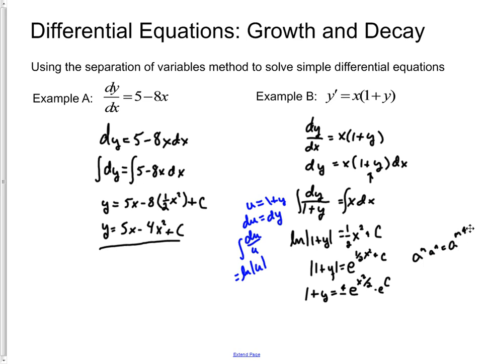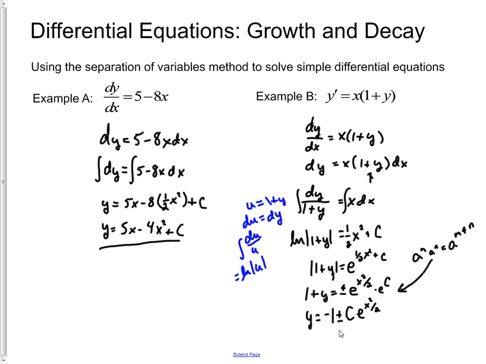We're just going backwards with that. That's why we can write it this way. And we're going to get y will equal negative 1 plus or minus, and this e to the c, well, in itself is a constant, so let's go ahead and call it just big C. Big C times e to the x squared over 2.